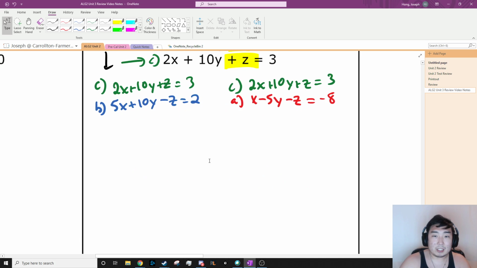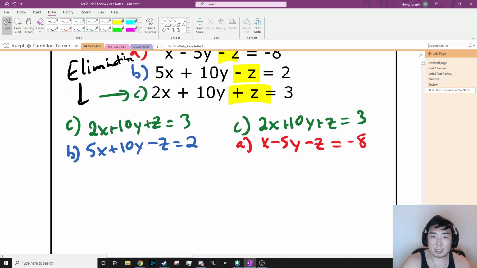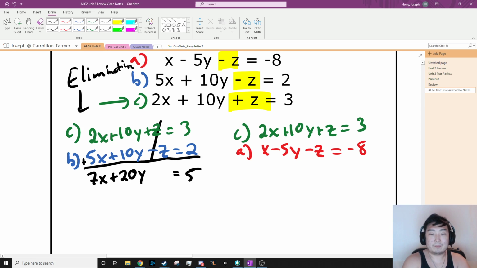And what happens is that if I add both equations separately together, like so, when I add these two together, this is 7x, this is 20y, but 1z subtracted by another z is 0z, as in this cancels. And this is equal to 5.